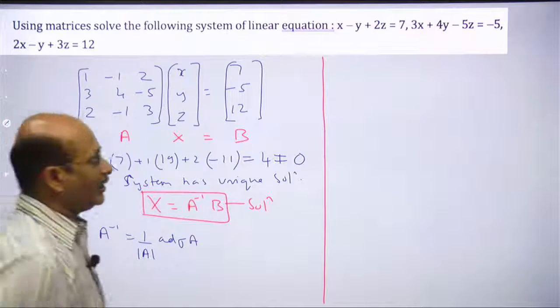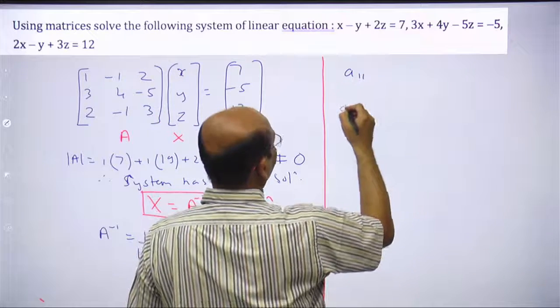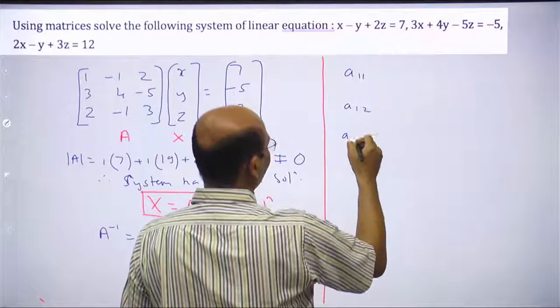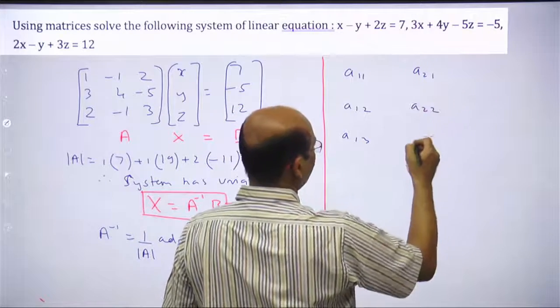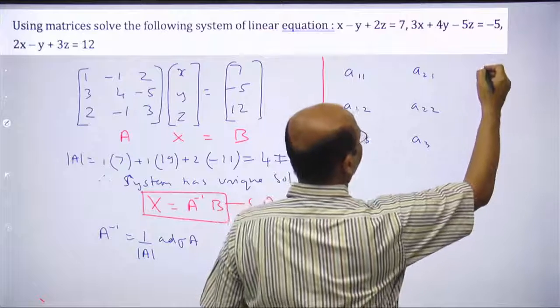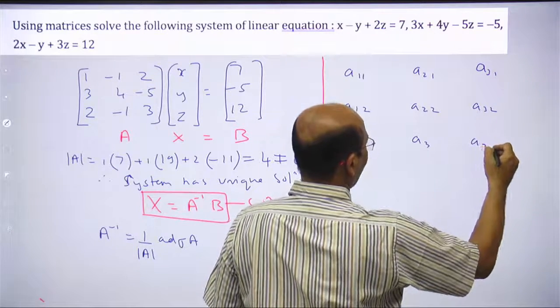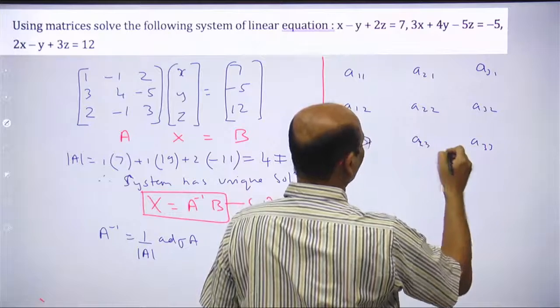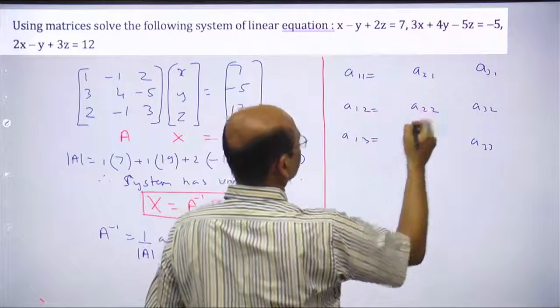Remember, what is adjoint A? Adjoint A is A11, A12, A13, A21, A22, A23, A31, 32, 33. Now I want you to try it out.